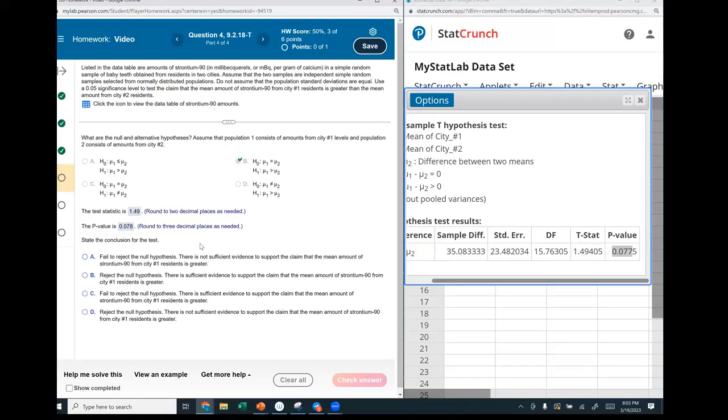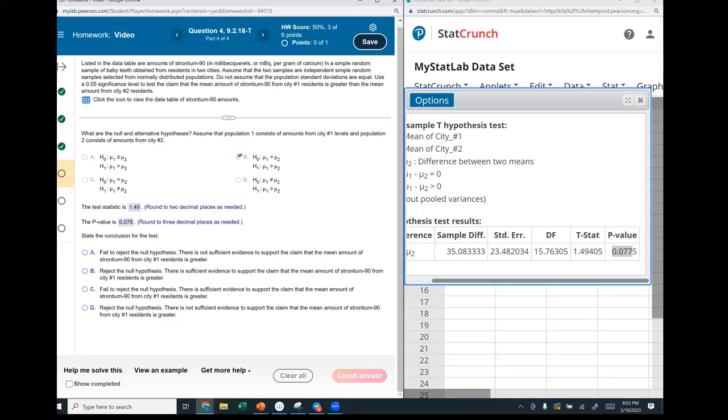Okay, so now we have to figure this out, right? Is my p-value greater than or less than or equal to my significance level, which is 0.05? And my p-value is 0.078.